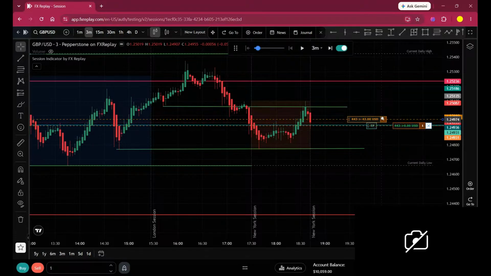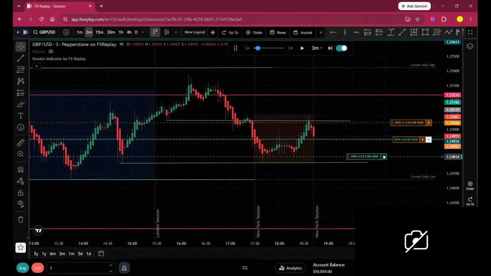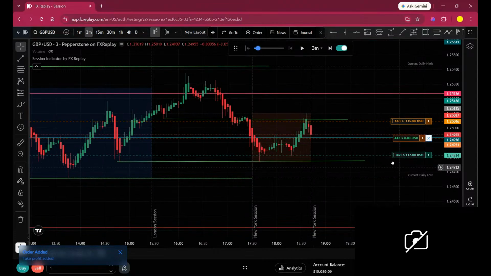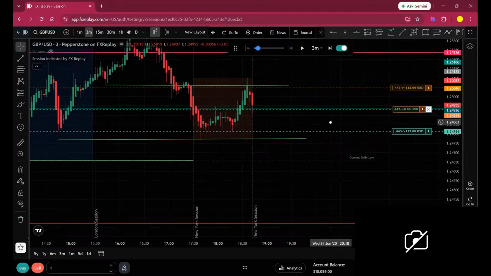If I go for the sell from here to here, I am taking a risk of $100 under this move, because it has swept this low and then the candle has formed and it is in trend.